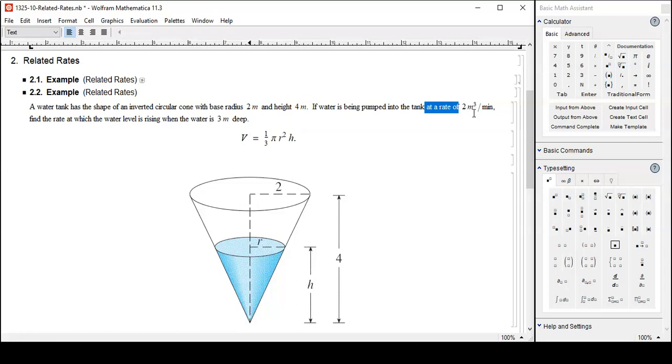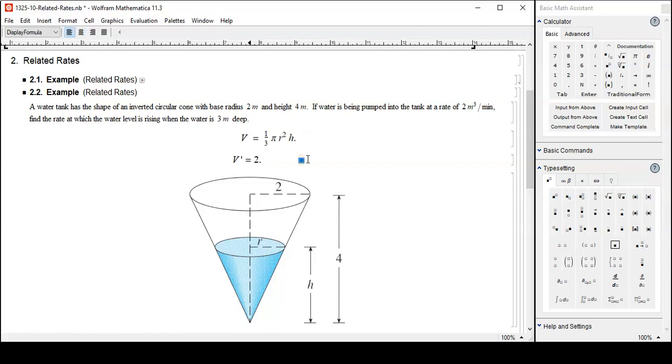You see, cubic meters, that's a unit of volume, but at the rate of. So it's not V, but V prime is equal to 2. That's what this condition, this number, is giving me. Okay, all right, we have 1.